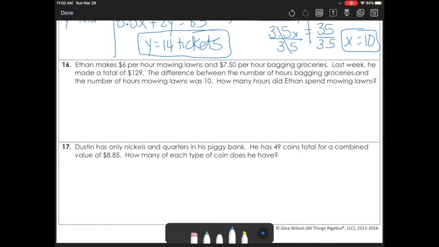Interesting, we have a difference problem. How many hours did Ethan spend mowing lawns? So he's doing two things here. He's mowing lawns and he's bagging groceries. $6 per hour mowing lawns.